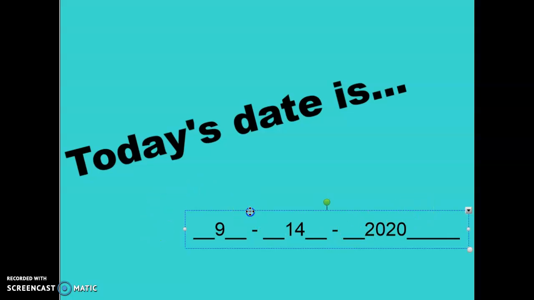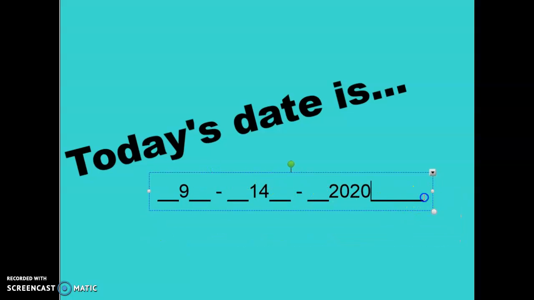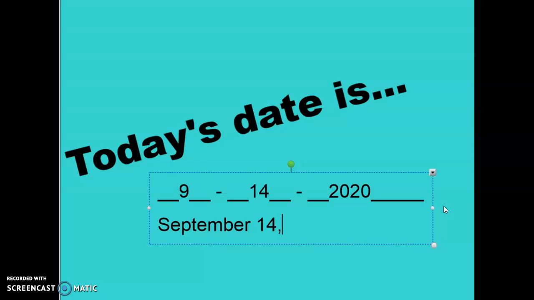And you can write the date in two different ways. You can write it in numbers, and then you can write it in words. September 14th, 2020. Both of those ways are ways that we can write the date.